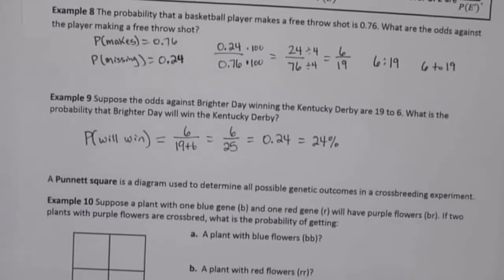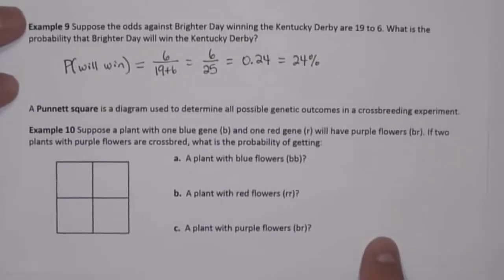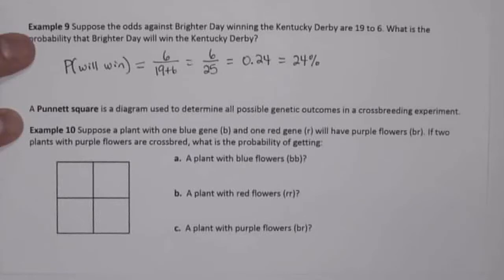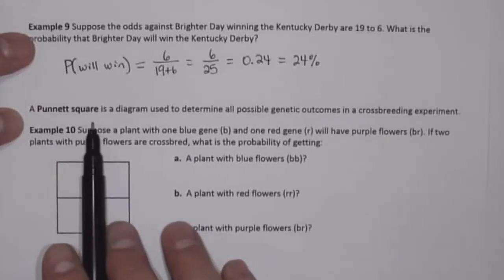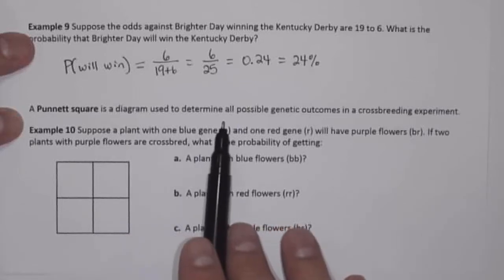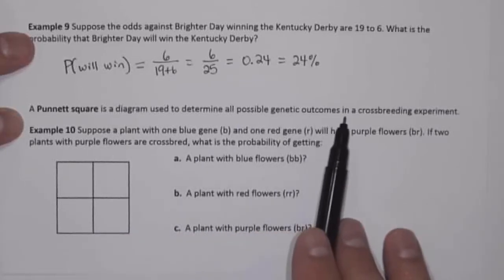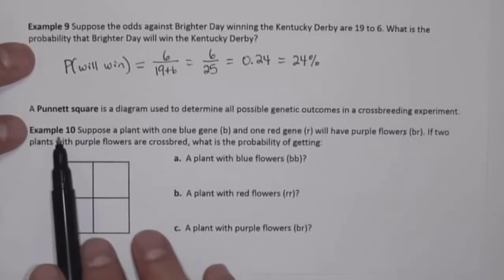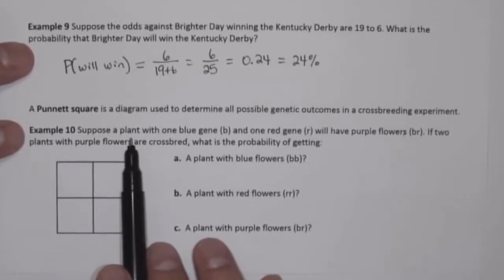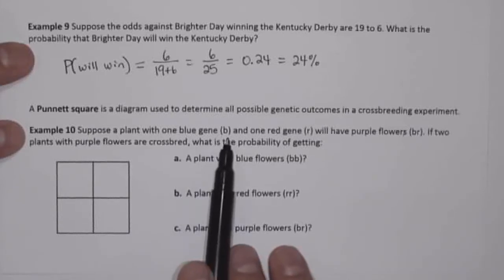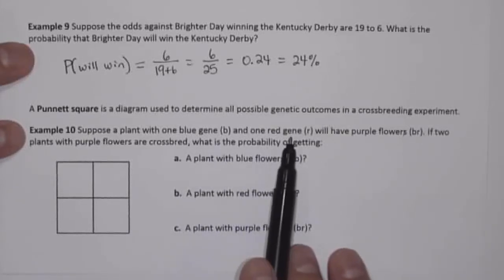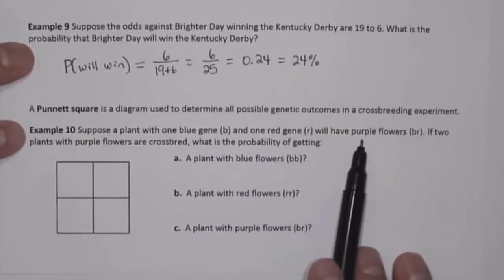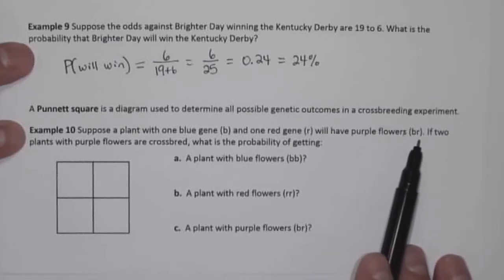Our last example involves something that you would see from biology, a Punnett square. A Punnett square is a diagram used to determine all possible genetic outcomes in a crossbreeding experiment. So example 10, suppose a plant with one blue gene, B, and one red gene, R, will have purple flowers, BR.